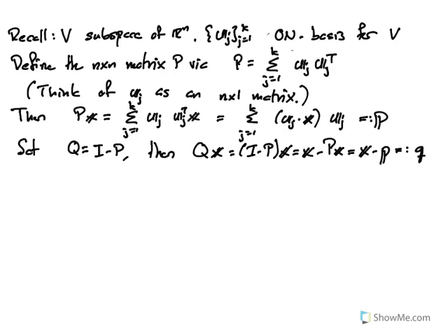Okay, so these matrices P and Q are just the linear operators that map x onto the vector in V and the vector in the orthogonal complement.